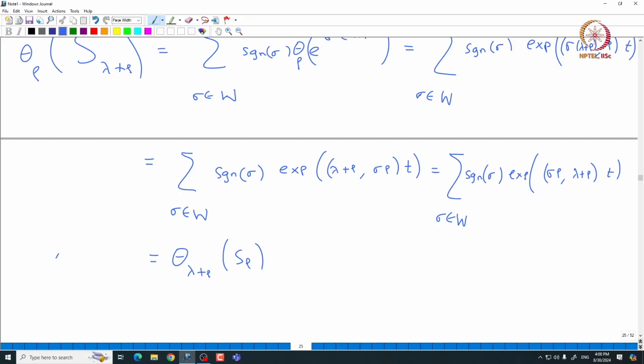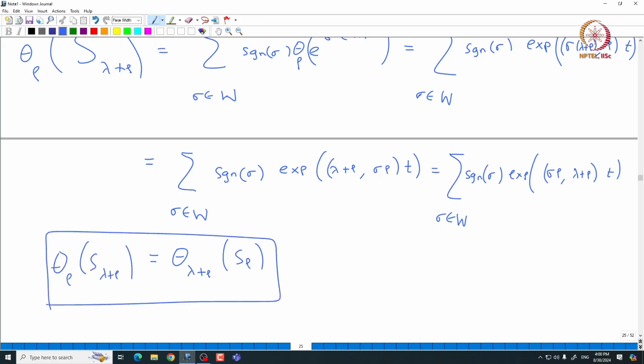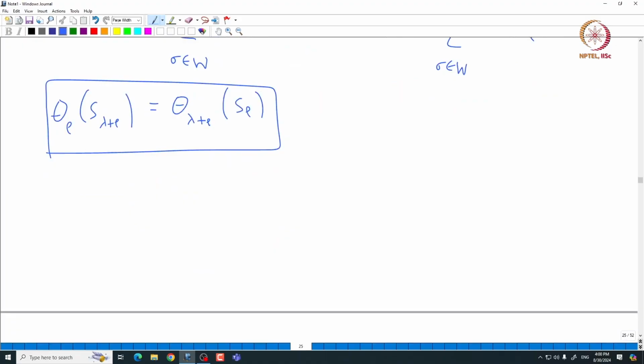So, this proves that theta rho of S of lambda plus rho is exactly equal to theta of lambda plus rho of S of rho. Now we will use this observation to compute theta of lambda plus rho of S of rho.